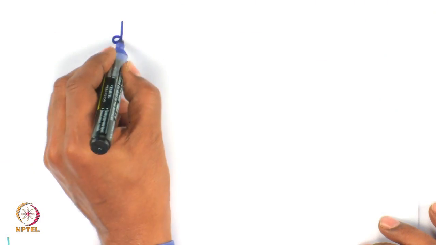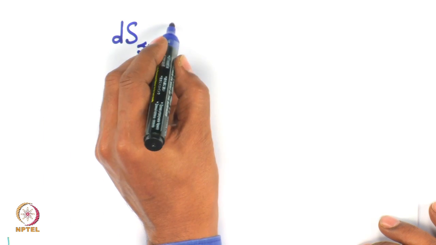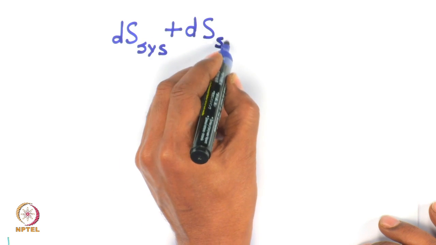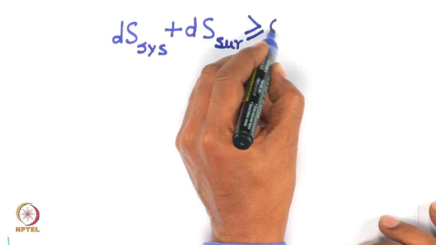That means, if we want to make a general statement about what should be the sign of entropy change in the system plus entropy change in the surroundings, if I combine these two, I will write entropy change in the system plus entropy change in the surroundings greater than or equal to 0.